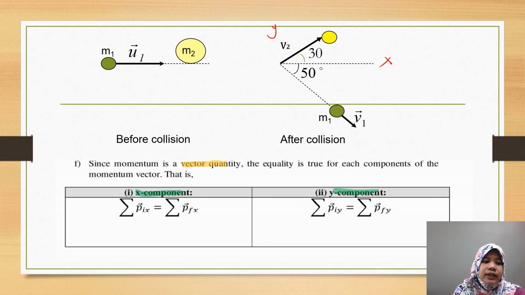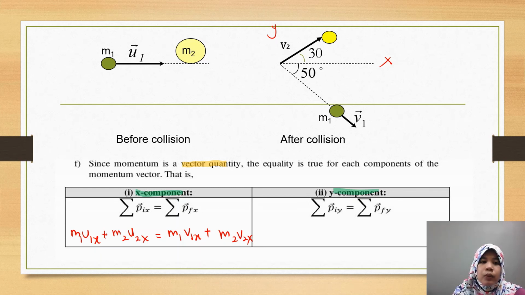Alright, dari segi general equation kita akan tulis, M1 U1x plus M2 U2x. Ni adalah momentum before collision. Okay, final kita akan ada M1 V1x plus M2 V2x. Ini untuk x component punya.